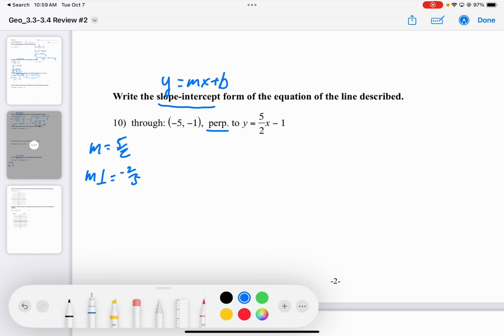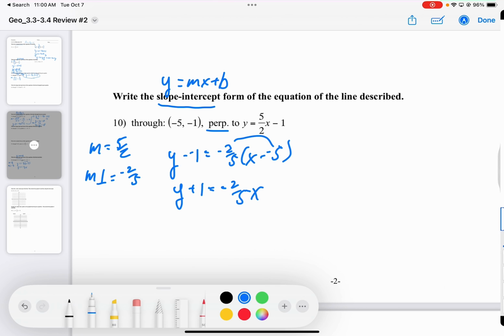Okay, so we have our slope now, and we have a point. Now we just do point slope form and then switch it up. So y minus y1, so y1 is -1, equals m, -2/5, times x minus x1, so x minus -5. Left side looks like y plus 1. Right side would be -2/5 x, and then -2/5 times minus -5. Minus -5 turns into plus. So what is -2/5 times 5?